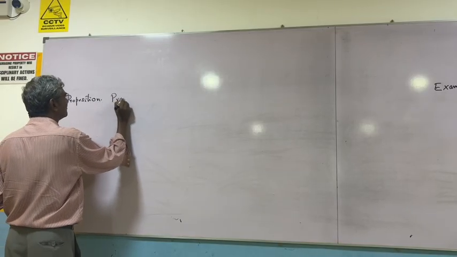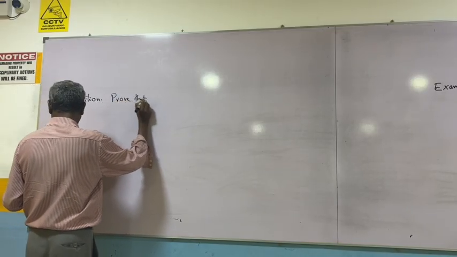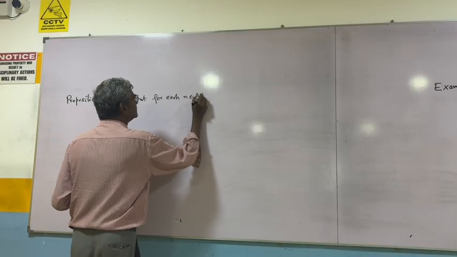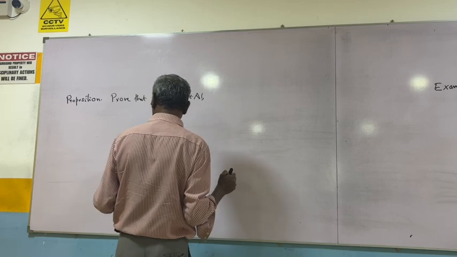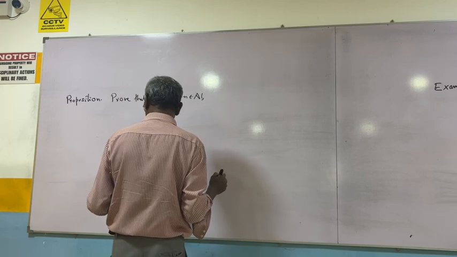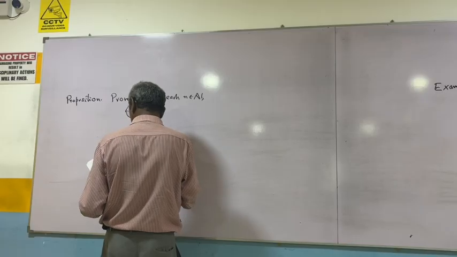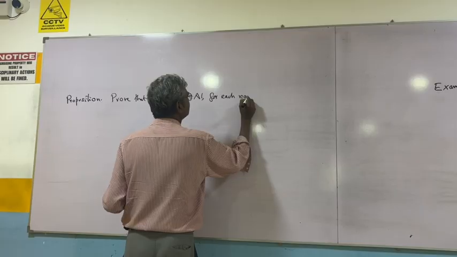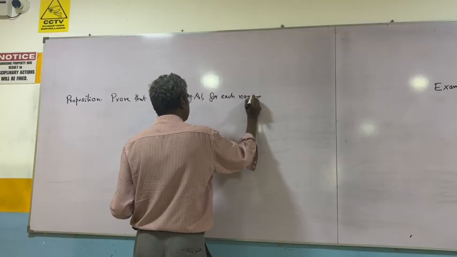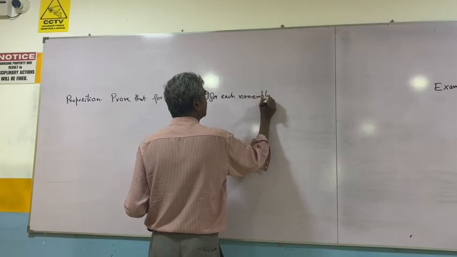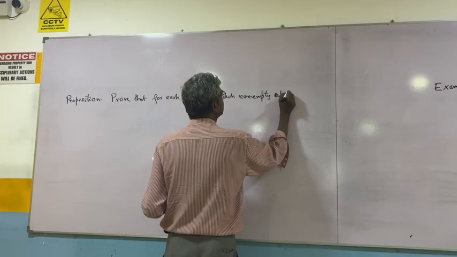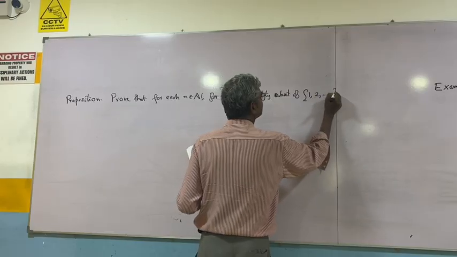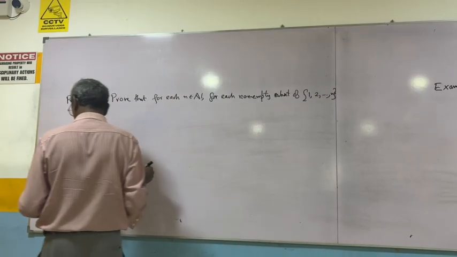Prove that for each n belonging to N, each non-empty subset of {1, 2, up to n} has a maximum.